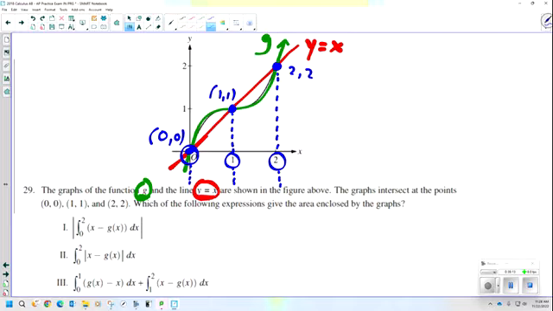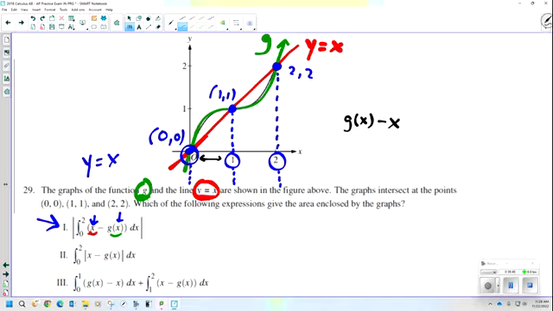Here's a problem with this first one. They have x on top minus g of x. That is the red line, y equals x, minus the green line, which is just g of x, from 0 to 2. The problem is, notice that between 0 and 1, the green line is on top. So that should be the bigger function minus the smaller function, which is the red line, x.